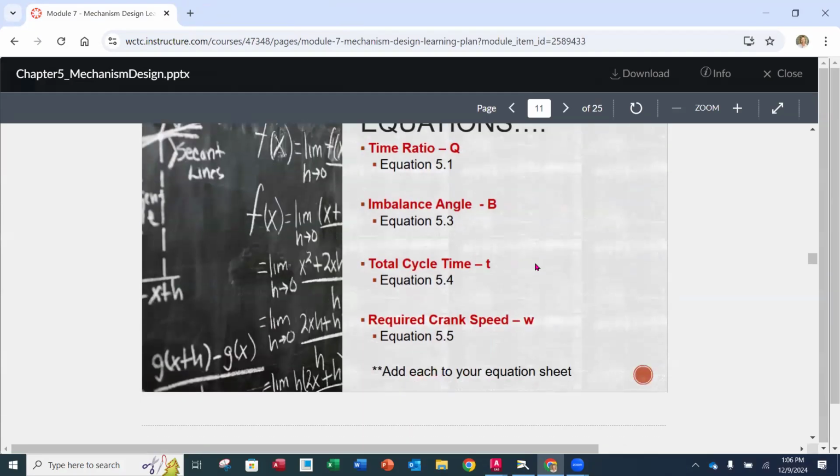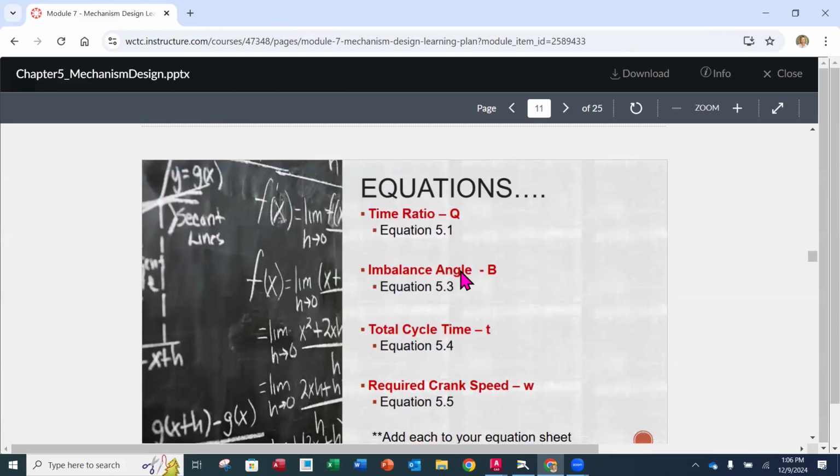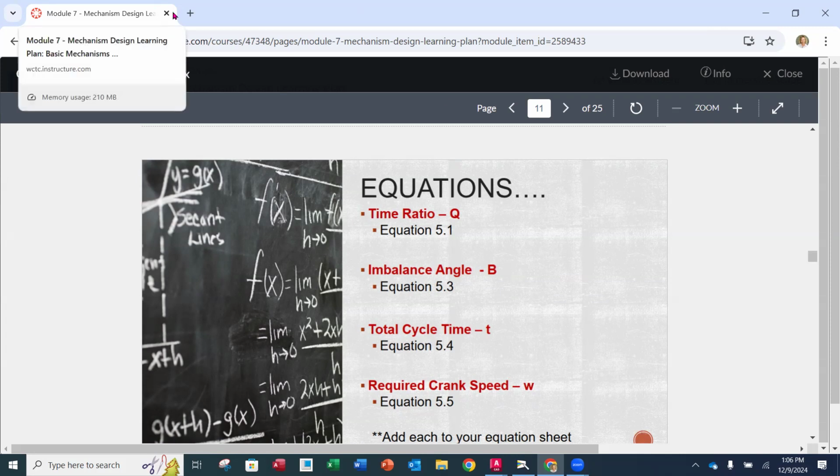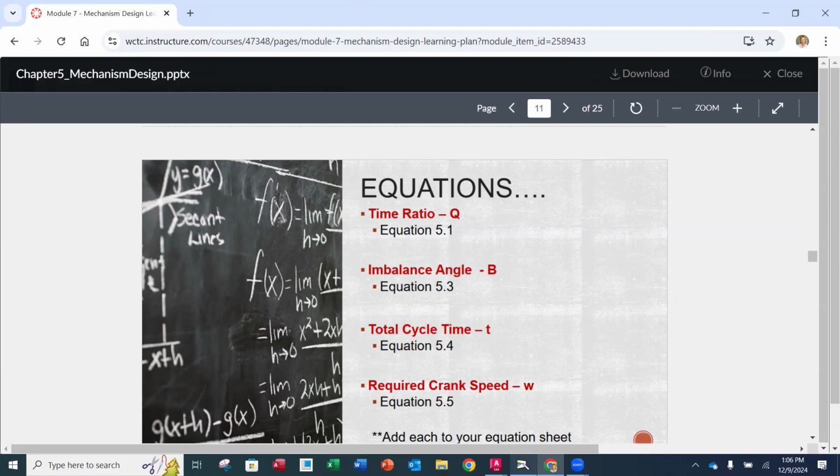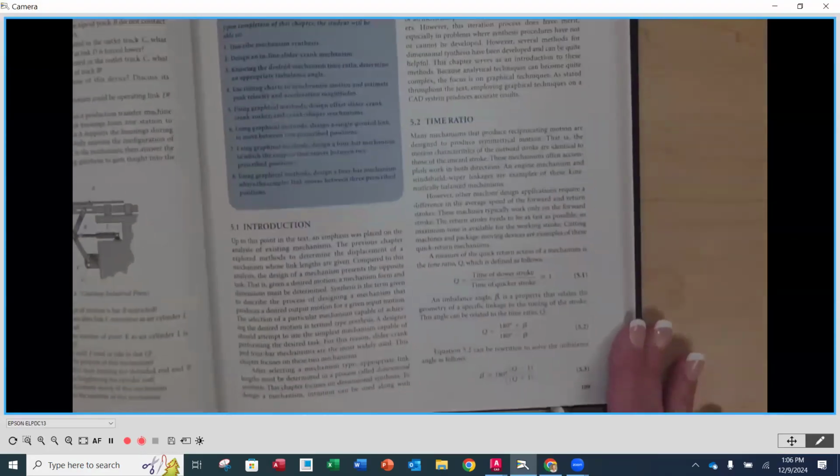Now, there are some equations here that are going to help us set things up for each one of these cases. I'm going to go to the bottom of the second column on page 109 in our book. We're going to find these elements that are in that PowerPoint.